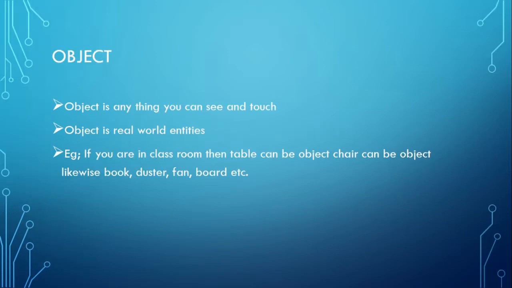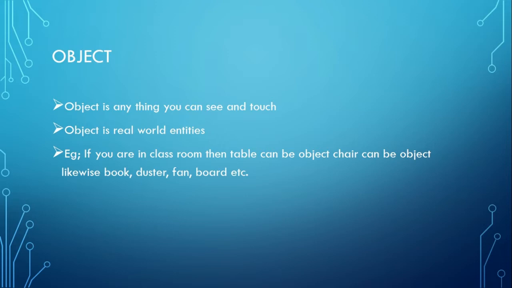Let's talk about object. Object is anything you can see and touch. Object is a real-world entity. For example, if you are in a class, you can see a table and chair, which can be objects.